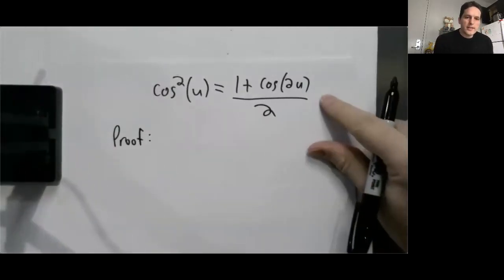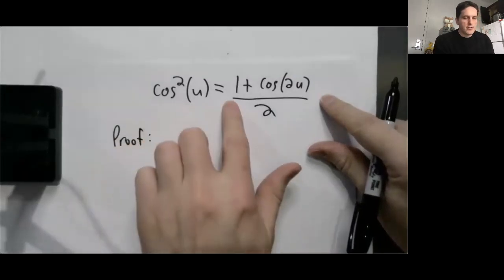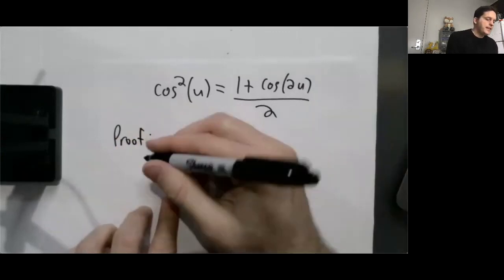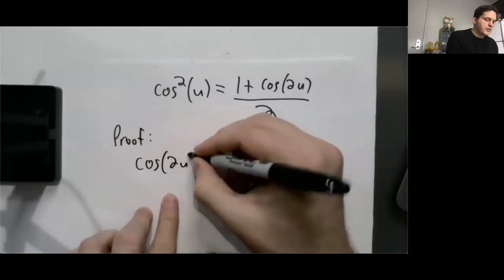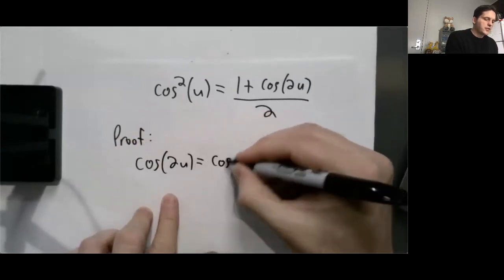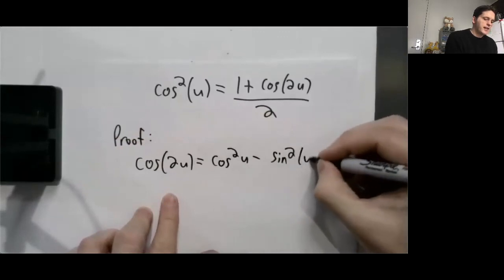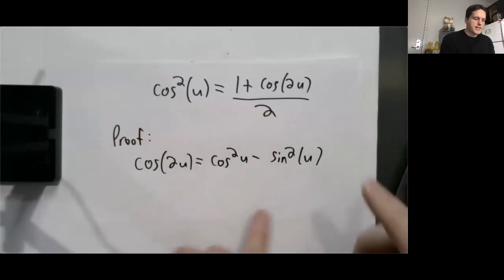Now let me prove this trig identity, which says that cosine squared of u is equal to 1 plus cosine of 2u over 2. There's a more basic trig identity, which tells us that the cosine of 2u is equal to cosine squared u minus sine squared of u. And we know that sine squared is 1 minus cosine squared.